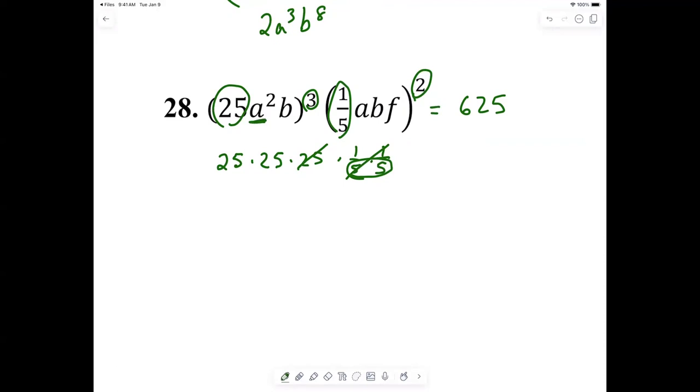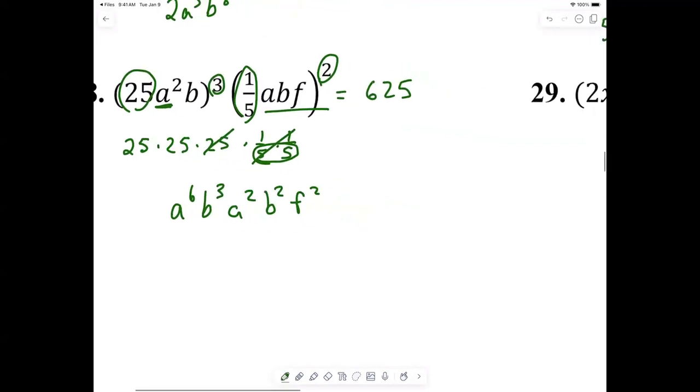A to the power 6. A to the 6th. And then on the other side, we have what? A squared and B squared and F squared. So my final answer is A to the power of 8, B to the power of 5 and F squared. Yes, 625. That wasn't bad, correct?